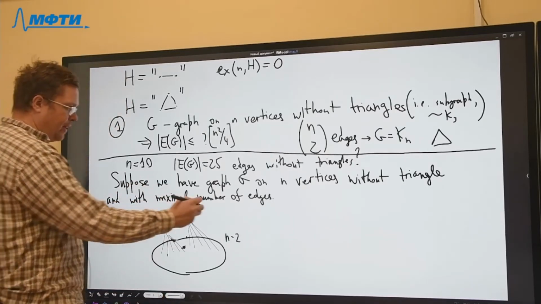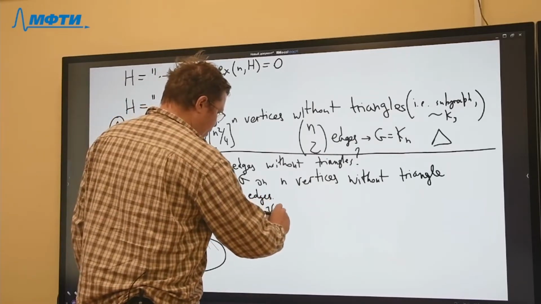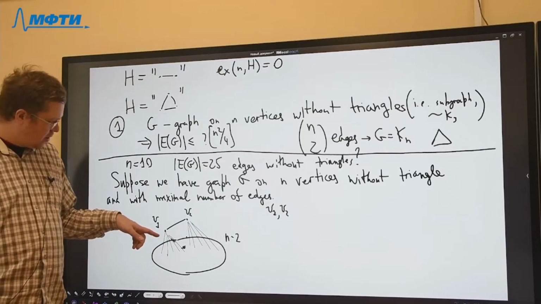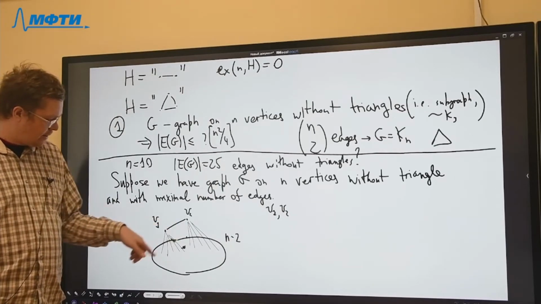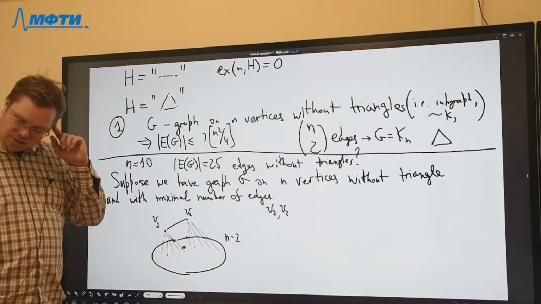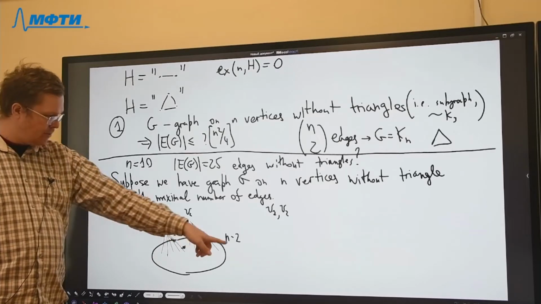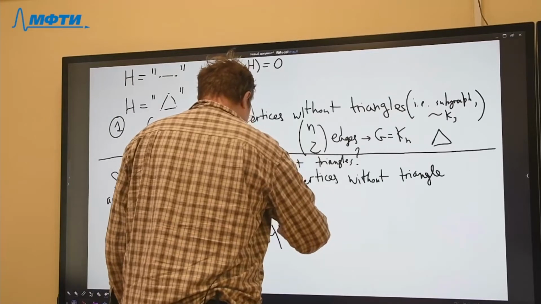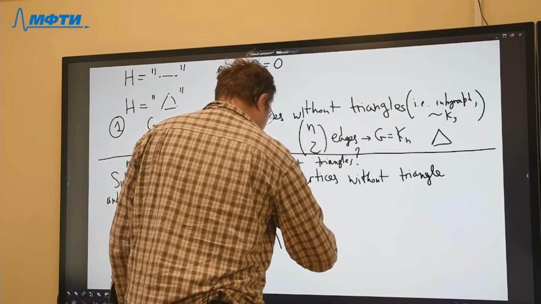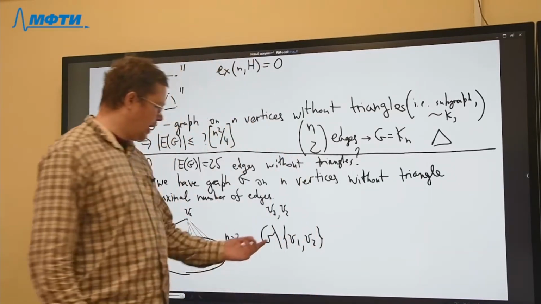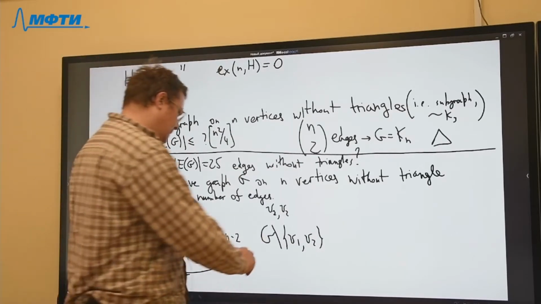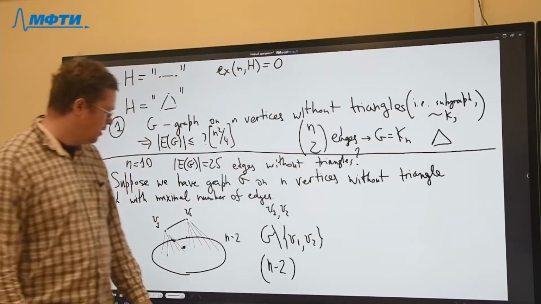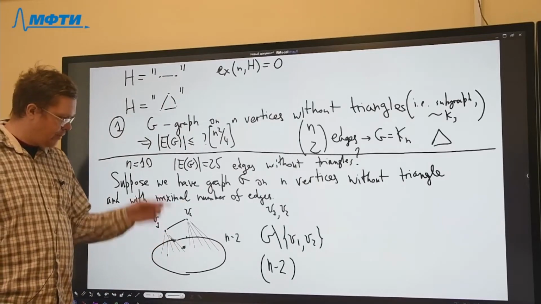If I take any nodes with an edge between them, it means that they connect with the other graph using not more than n minus 2 edges. So if we consider the graph without V1 and V2, it will have no triangles. It contains n minus 2 vertices.